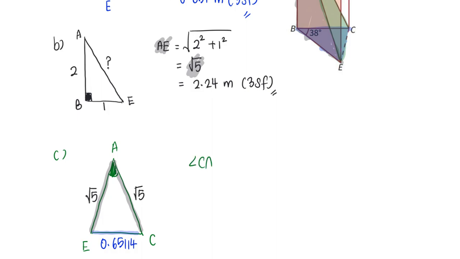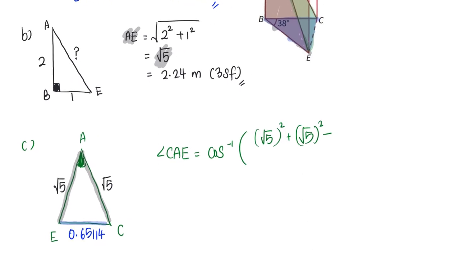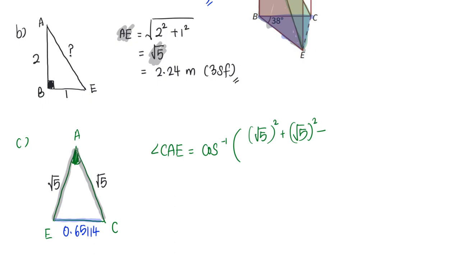Therefore, angle CAE is simply equal to the cosine inverse of square root 5 squared plus square root 5 again squared, minus 0.65114 squared, over 2 times square root 5, square root 5.